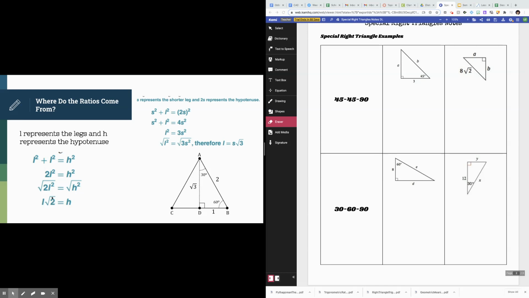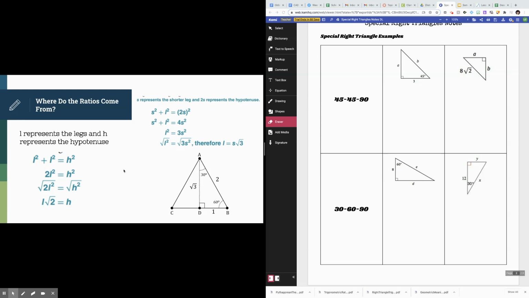The square root of 2 doesn't come out of nowhere. The square root of 3 doesn't come out of nowhere. It's all based on the Pythagorean theorem. So that's why I told you at the beginning that this is basically just a tool that you can use in your right triangle tool belt. But even these problems will work with the Pythagorean theorem if you prefer to use the Pythagorean theorem.